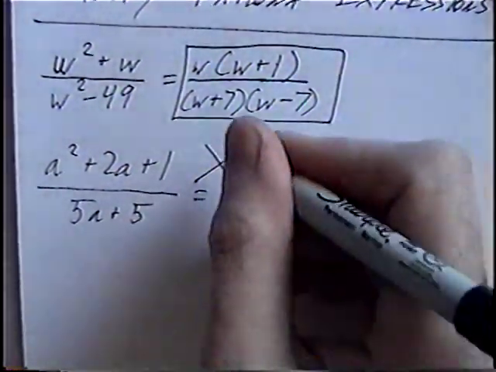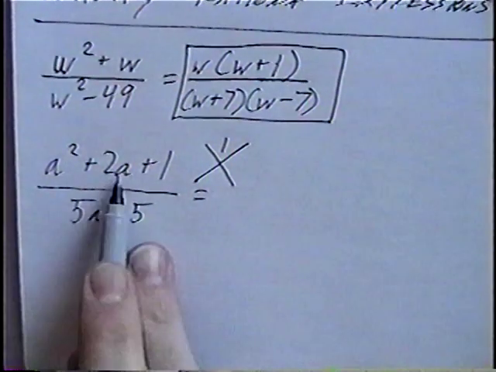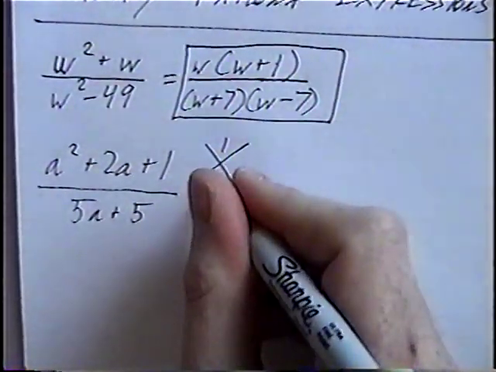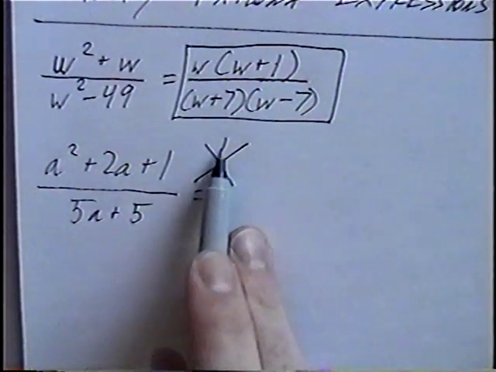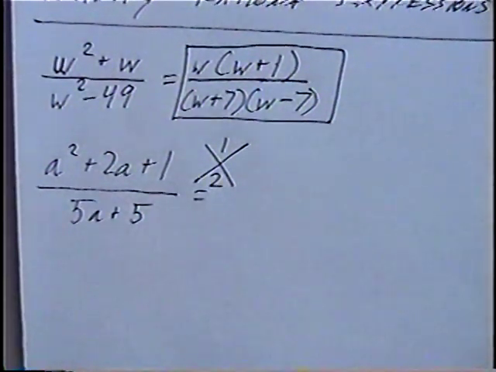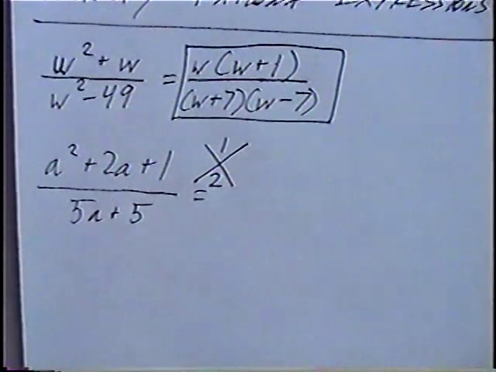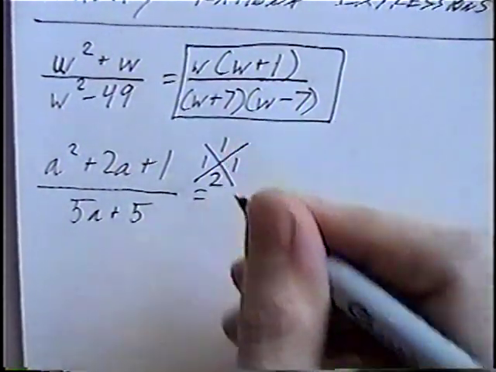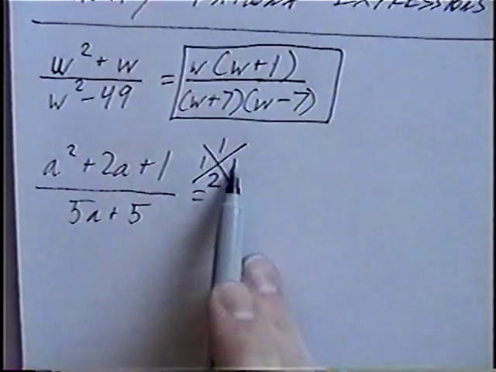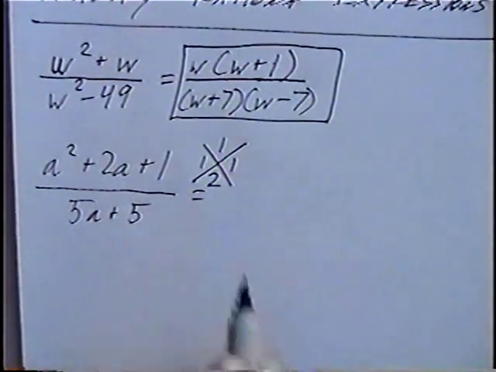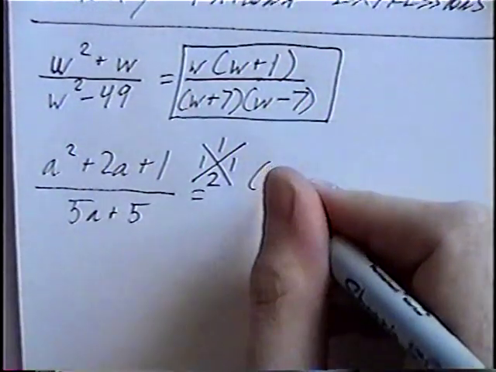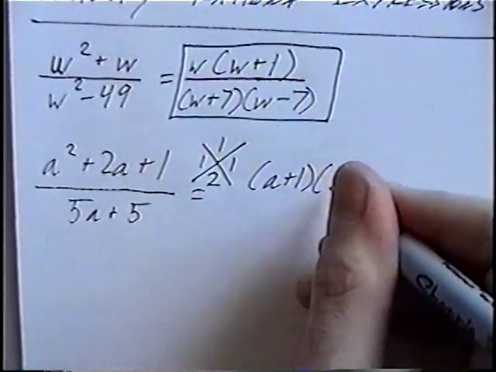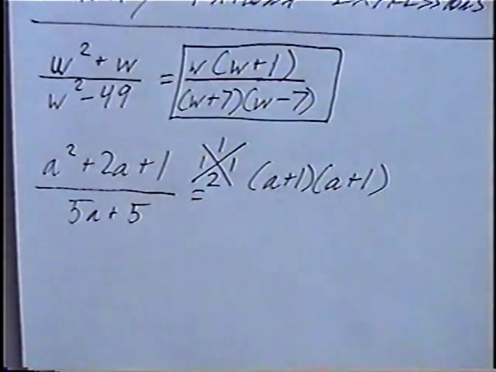The last number, 1, goes on top of the x. The middle number, 2, goes on the bottom of the x. We need two numbers that multiply to get 1, and the same numbers add to get 2. In this case, it would be 1 and 1. 1 times 1 would be 1. 1 plus 1 would be 2. So your factored form using these two numbers would be a plus 1 and a plus 1.